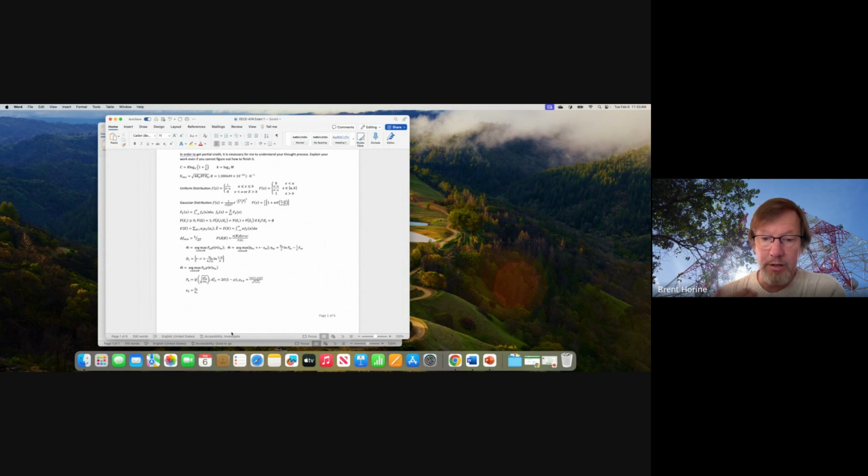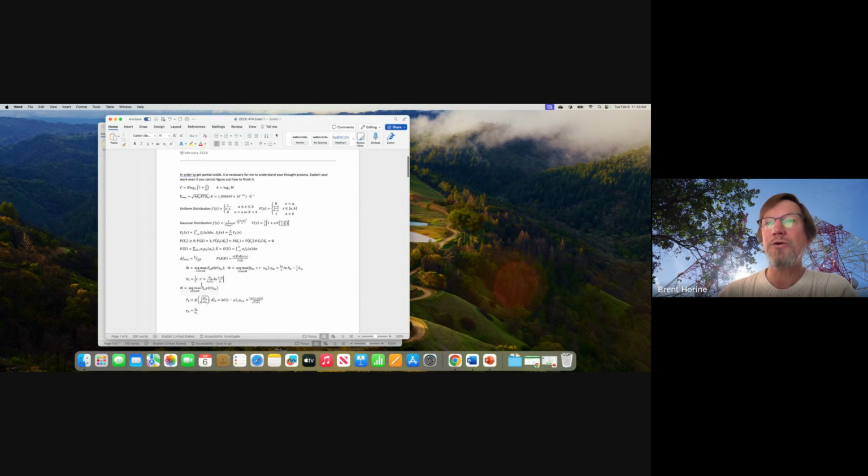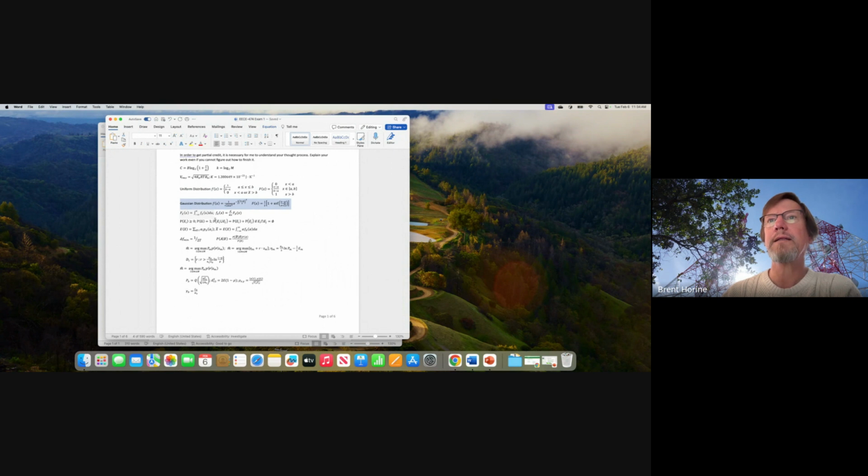I decided to move it up earlier this year because last year they had the exam one, and then almost right away they were having the midterms. So I'm trying to space it out a little bit more. There are a lot of equations on here that we haven't covered yet, but some that we have, like the uniform distribution and the Gaussian distribution.